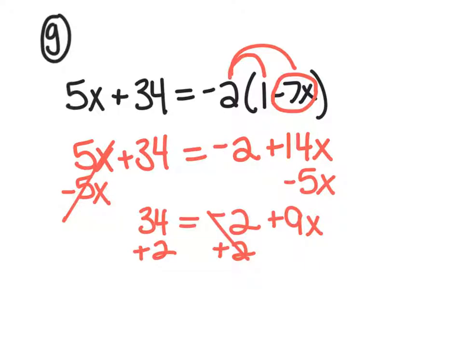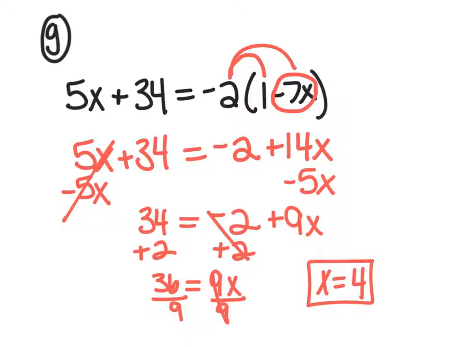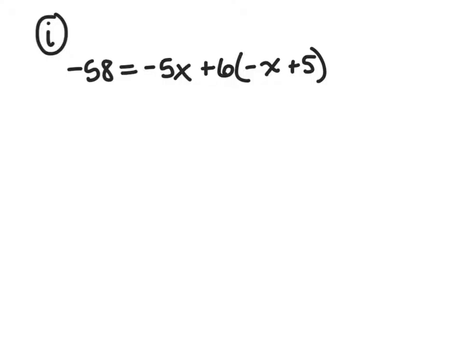It cancels out on the right, so I rewrite what I have left. 36 equals 9x. And again, final step, always divide by how many x's you have to figure out the value of x. So x equals 36 divided by 9, which is 4. And this is letter I on your worksheet.